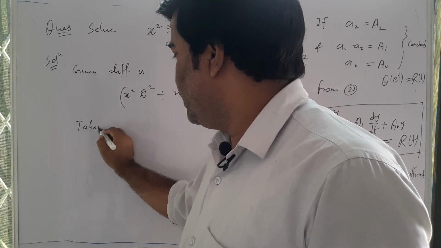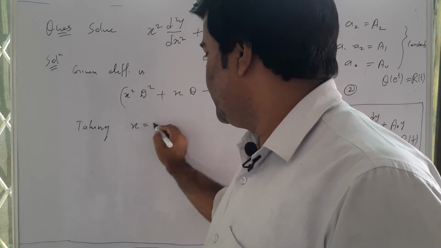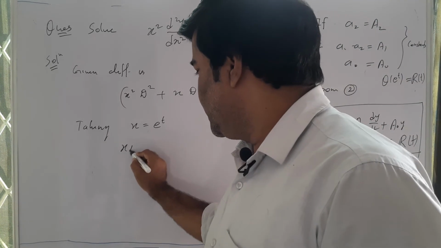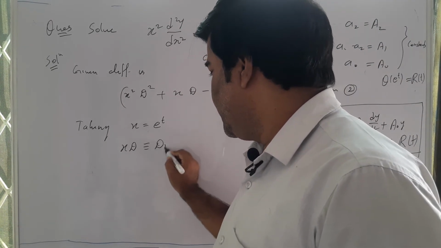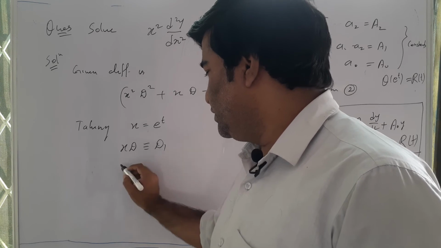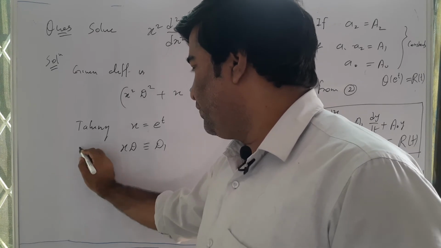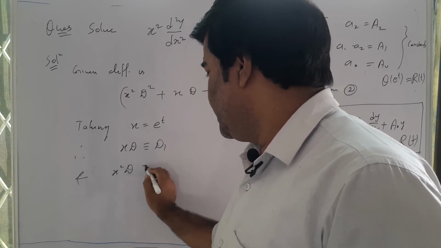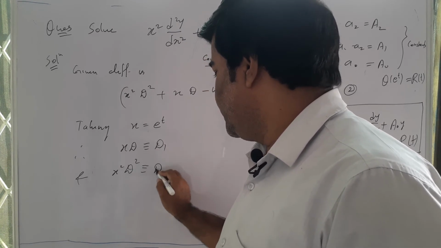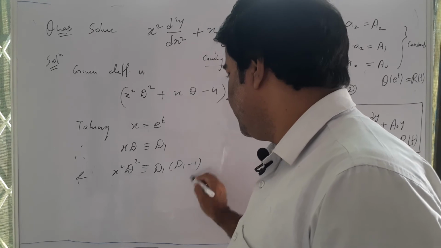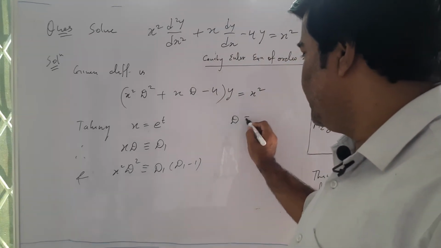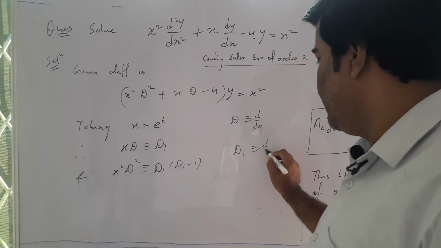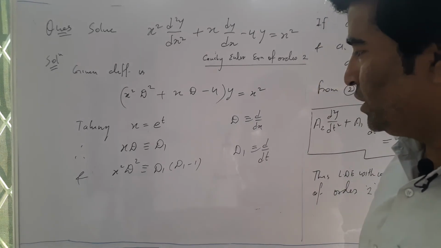Now here we don't need to prove it; we take directly x D as D1 and x squared D squared as D1 into D1 minus 1. Here D is d over dx, and D1 is d over dt.